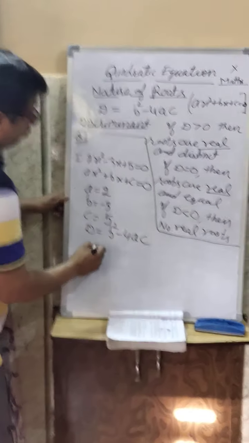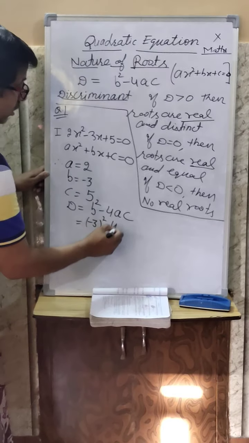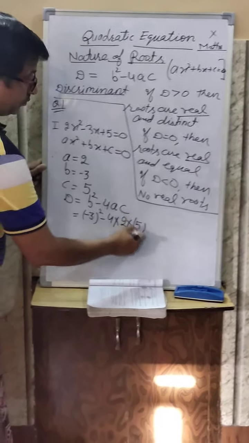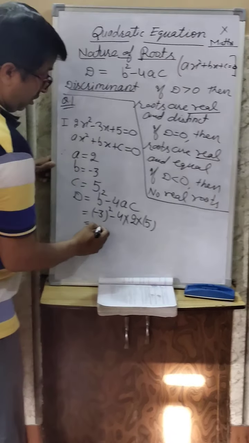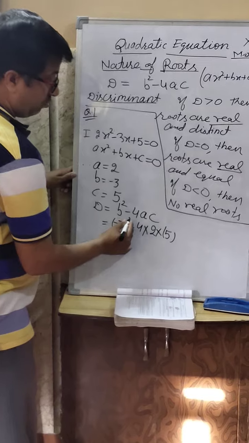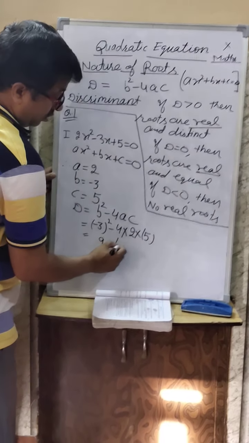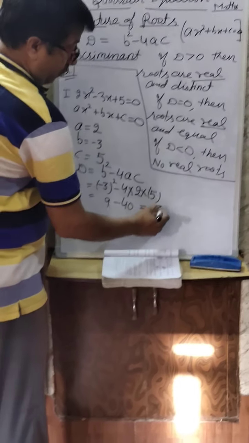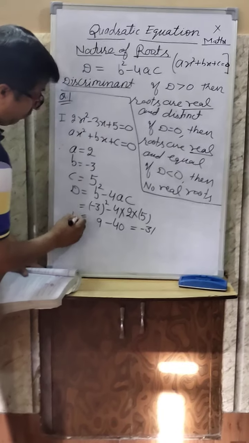So b square, minus 3 square, minus 4 into a into c, 5. Clear this? So minus 3 square is 9, 4 twos are 8, 8 fives are 40. So 9 minus 40, it is minus 31.